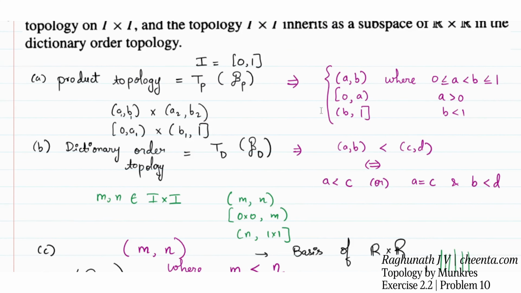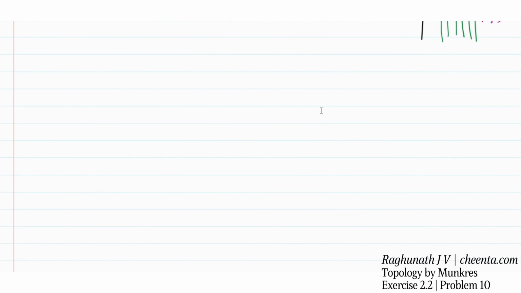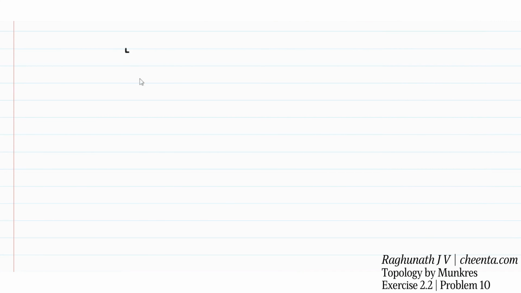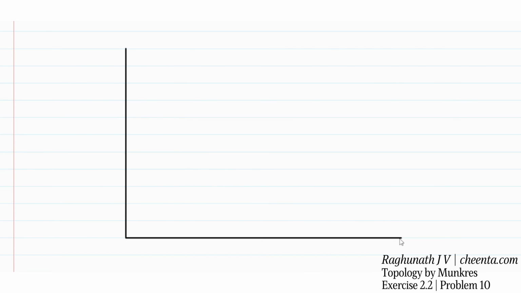Now let us compare these three topologies. For that, we would need to first consider the I cross I in R cross R. Because remember, there is also the subspace of R cross R being considered here.